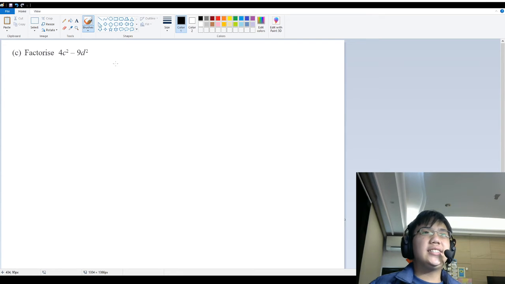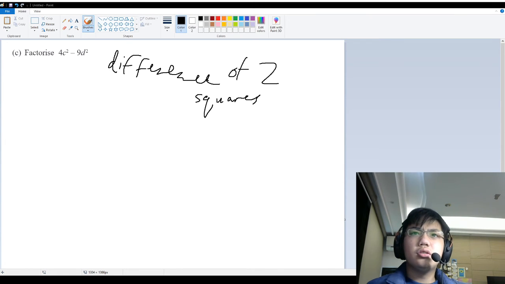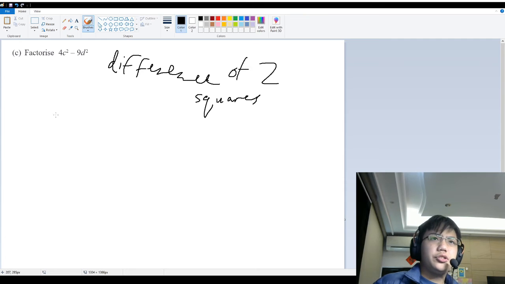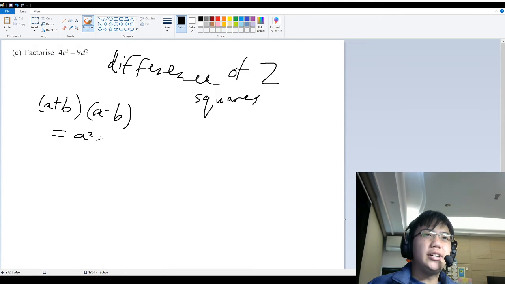As a result, you can say that this is a difference of 2 squares, which means that you have (a plus b) and (a minus b), where the answer is a squared minus b squared, which is in the form of this expression here.